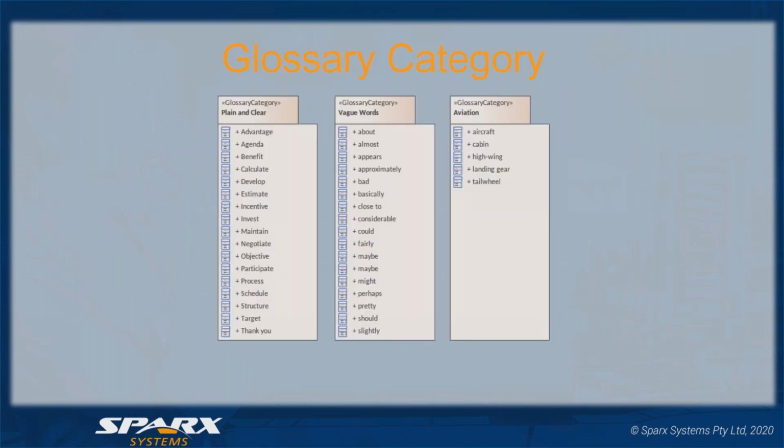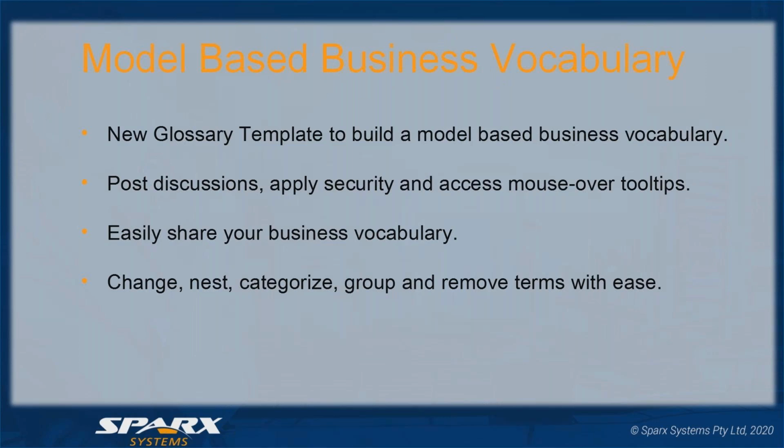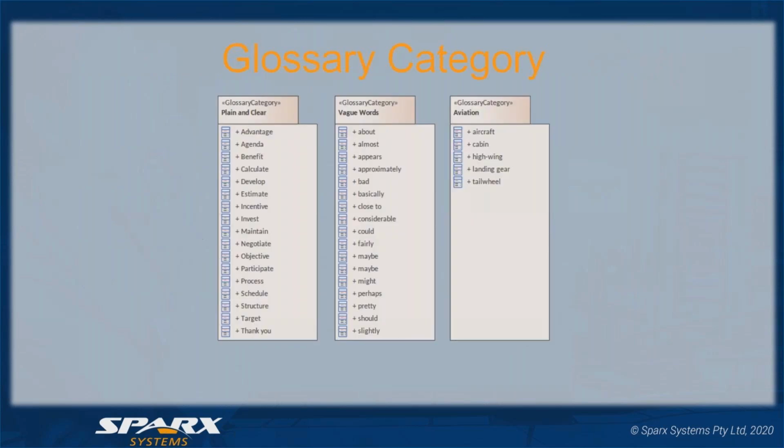You can change, nest, and categorize elements very easily. On screen, you can see we had some glossary categories. So I might just jump back a little bit. You can change, nest, categorize, group, and remove terms with these. And one thing you can do is create categories as shown on screen.